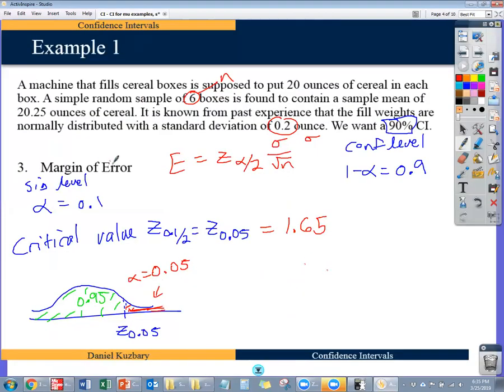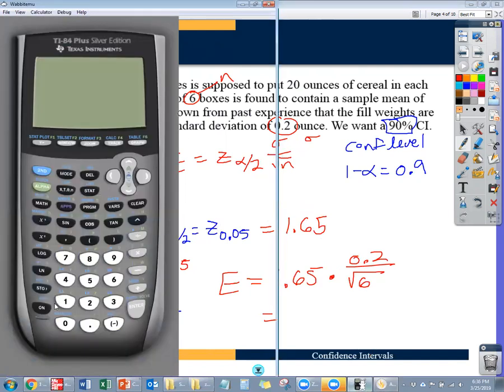So now I'm going to get my margin of error. E is equal to z sub alpha over 2, which is 1.65, times sigma over the square root of n, with n being 6. I can compute that in my calculator pretty easily.